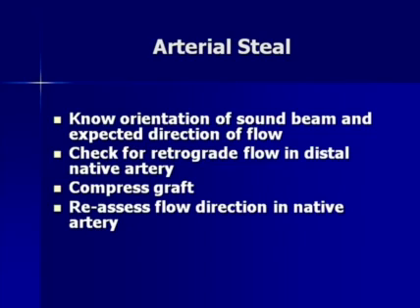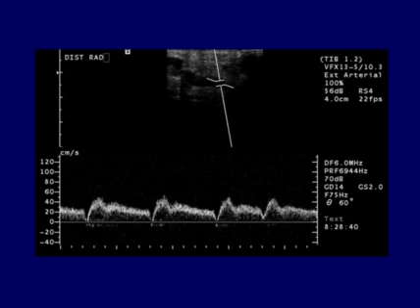The other complication that can occur in fistulas is arterial steal, and it's really important in these patients to know your orientation and be careful of how you're positioned and make sure that you have everything set correctly. Because we see here in this example, heads up here, hands down here. So flow should be going towards the hand or away from the transducer, away from that Doppler beam.